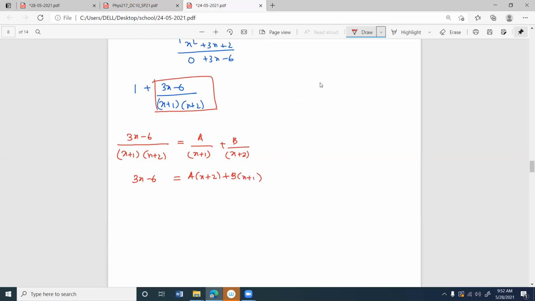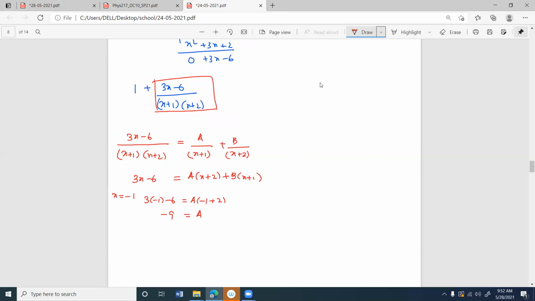You follow the same technique we did in the previous questions. To remove b, you can make x equals minus 1. 3 times minus 1 minus 6 equals a times minus 1 plus 2. Obviously, the b term turns out to be 0. So you can say a is equal to minus 9.